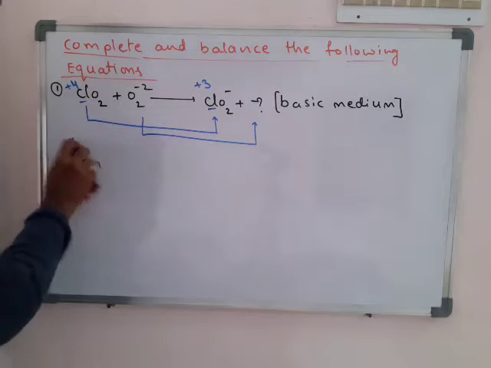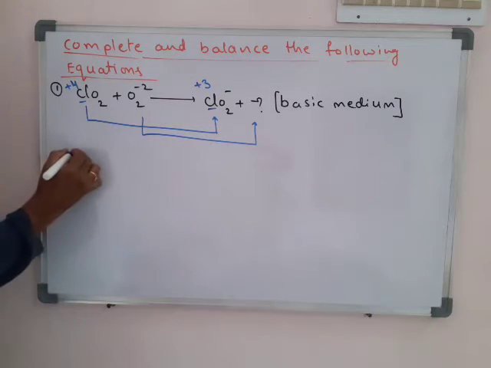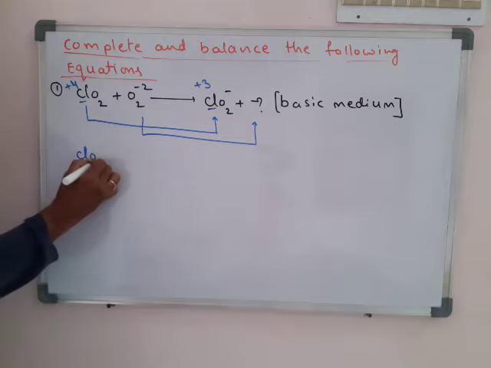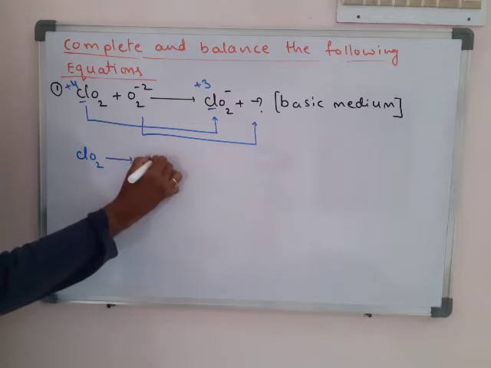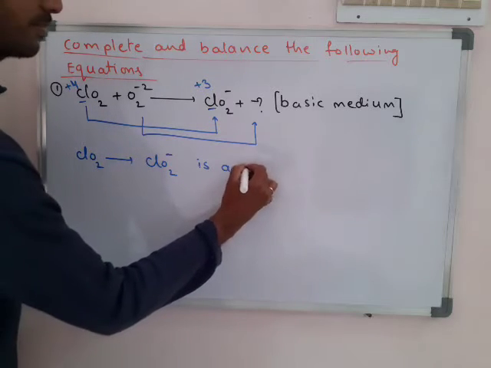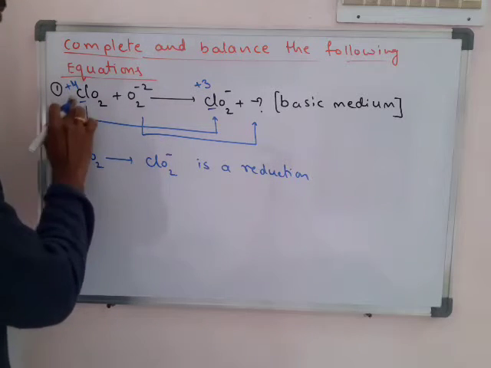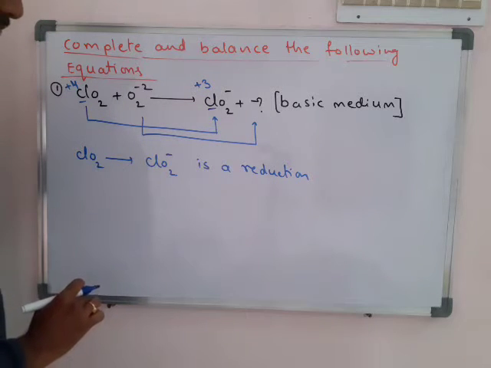So you can write here the conversion of ClO2 gives ClO2 minus is a reduction. How do you know? Based on these oxidation numbers.